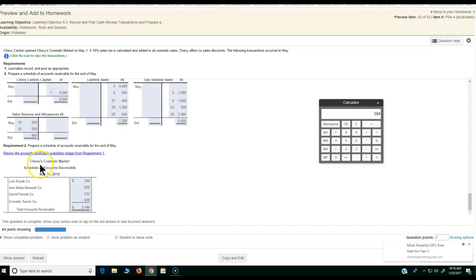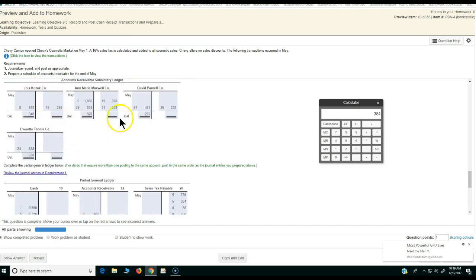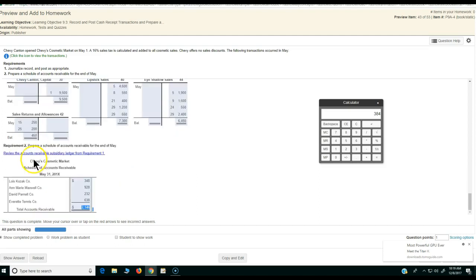There they are. We prepare a schedule of accounts receivable. This is a very, very common practice in general ledger accounting. We prepare a schedule of accounts receivable, making sure we grab it from the subsidiary ledger, obviously, after all postings have been made. The balances are there.